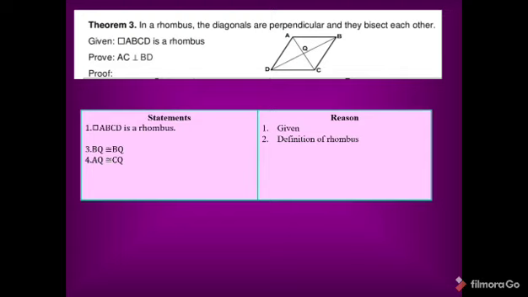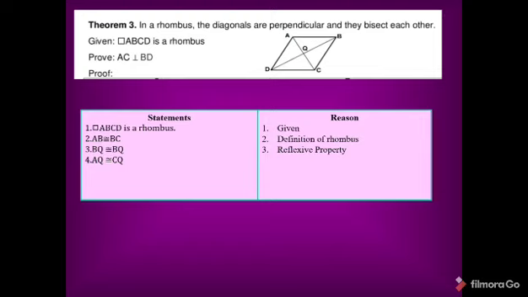Our second statement, with the reason definition of rhombus, would be segment AB is congruent to segment BC. But still remember the properties of a rhombus. In number 3, segment BQ is congruent to segment BQ because of the reflexive property.